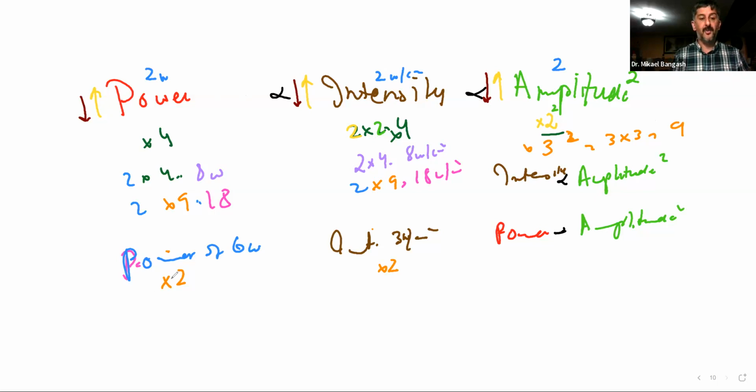If power increases twice, intensity will increase twice. If power increases 10 times, intensity will increase 10 times. Did you get that?